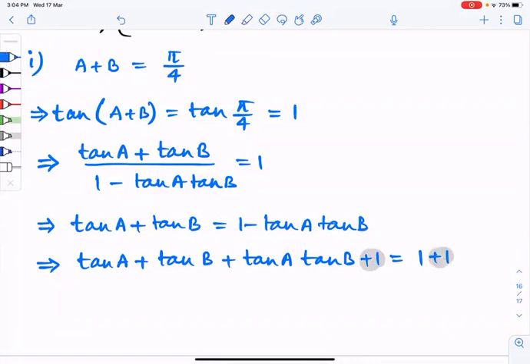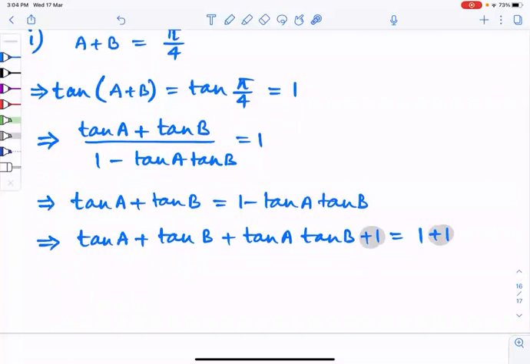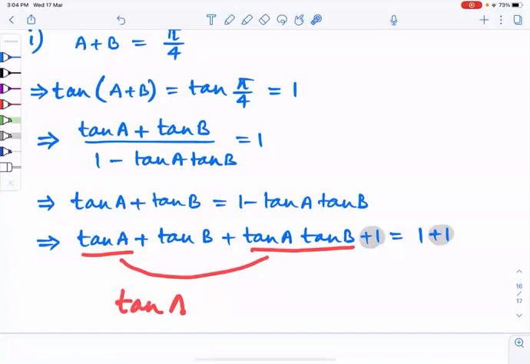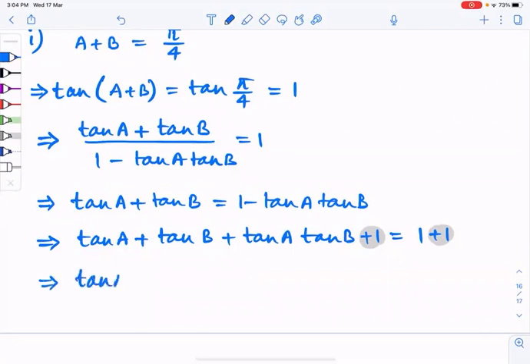Why I have done so? You can understand. I can take tan A and tan A tan B. From these two, tan A will be common. So I will get 1 plus tan B. And from the second and this, I can just write 1 plus tan B. And the right hand side is 2.